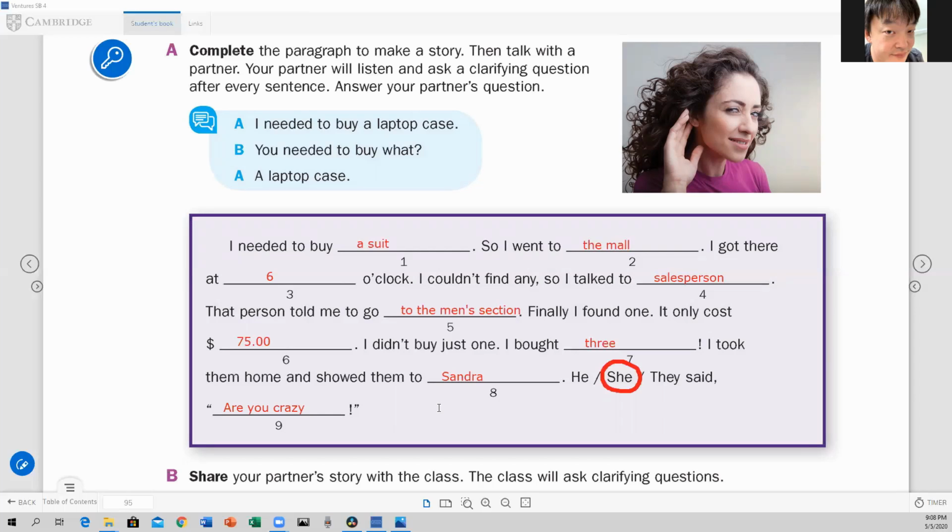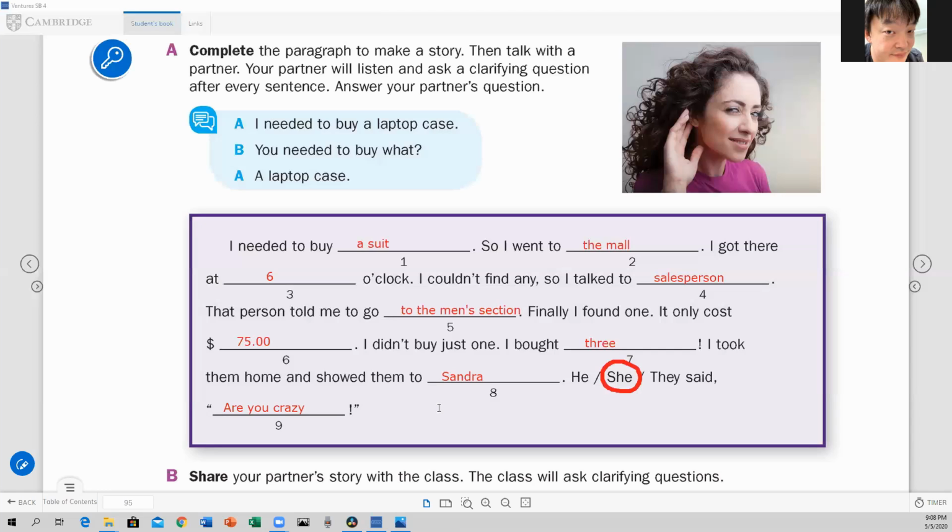I got there at 6 o'clock. You got there when? At 6 o'clock. I couldn't find any, so I talked to a salesperson. You talked to who? A salesperson.